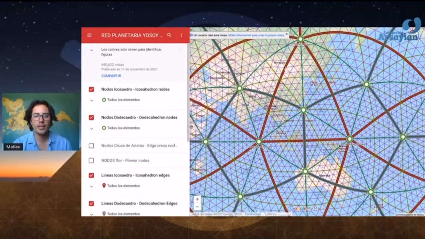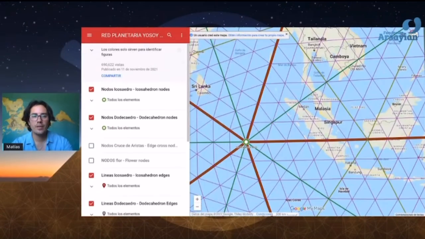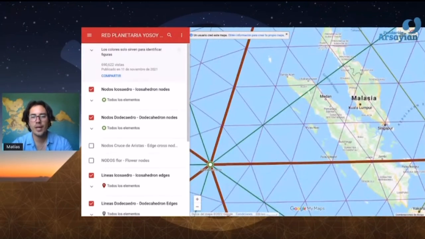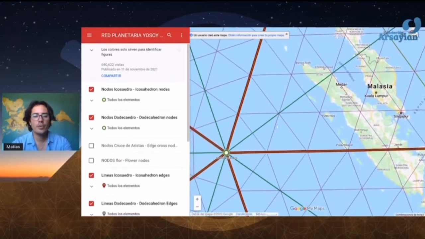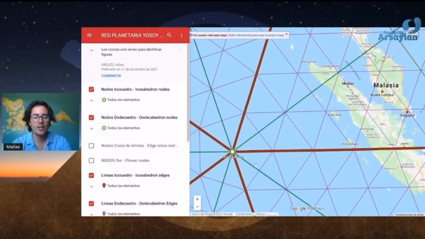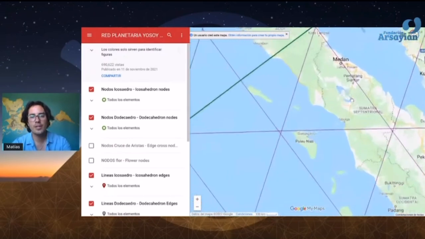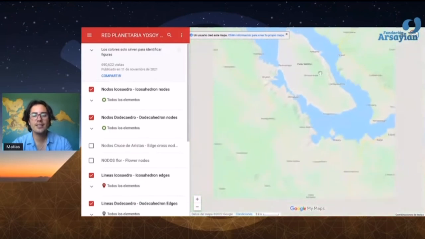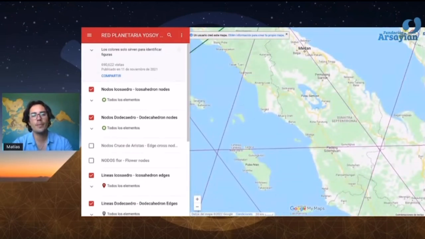We follow the red line here. Then we have, down here, the node in the Indian Ocean in front of Simaulue Island in the Sumatra territory. This is Sumatra in Indonesia, and this is a very important node. There's nothing in the middle of the ocean, but the closest spot we can connect to is Sumatra, basically Lake Toba. Lake Toba, with the island Samosir, is the hugest volcano crater in the world.